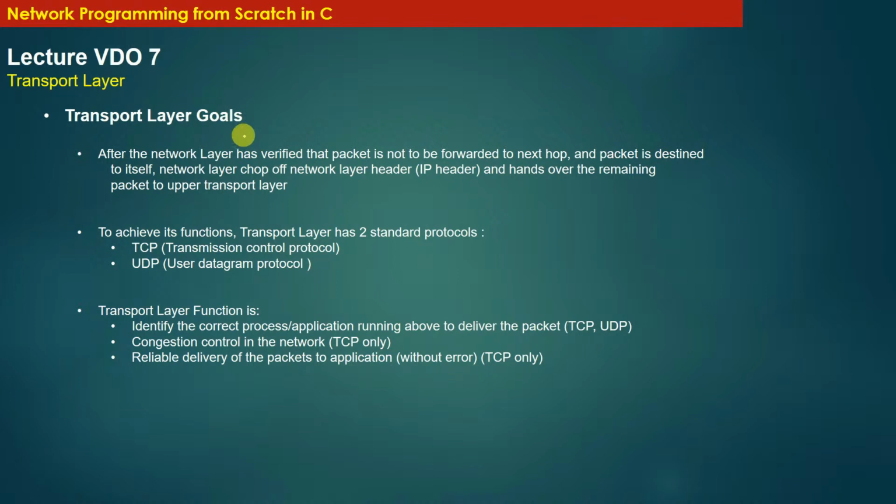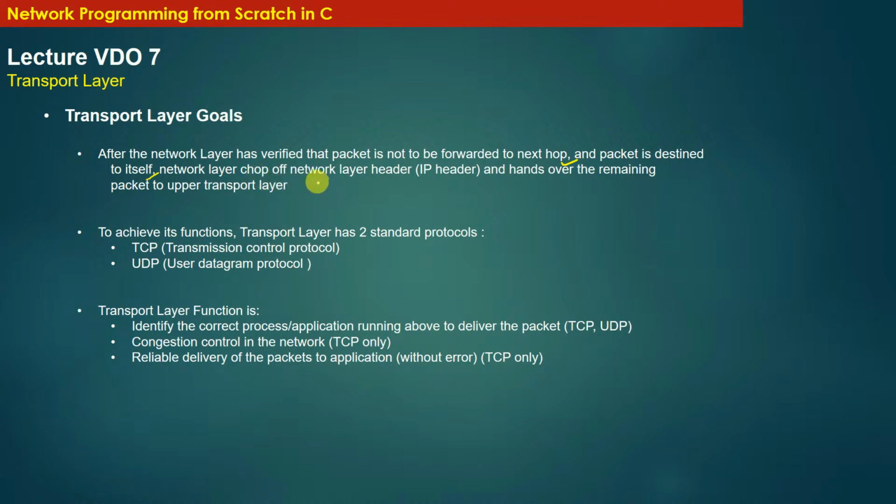So, transport layer goals. After the network layer has verified that the packet is not to be forwarded to the next hop, that is, the network layer has made a decision that the packet is actually destined to the local machine on which the packet is received and it is not supposed to be forwarded, the packet is destined to itself.